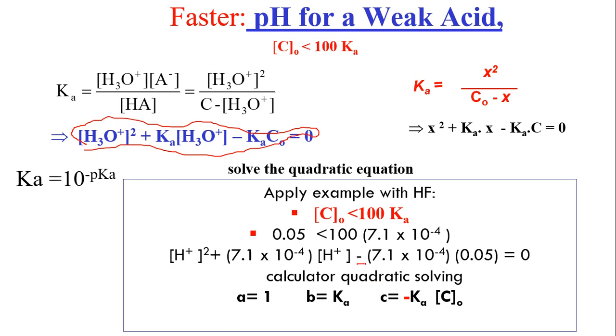Don't forget this minus here. A lot of you forget it. It's plus the first one, and the second one is a minus. I always forget it when I apply it. Even here, sometimes I forget it and make a mistake on the calculator, and you should not do that. So use your calculator. Of course, the A is 1 here, as it usually is, the B would be your Ka value, and the C would be minus Ka times C0.